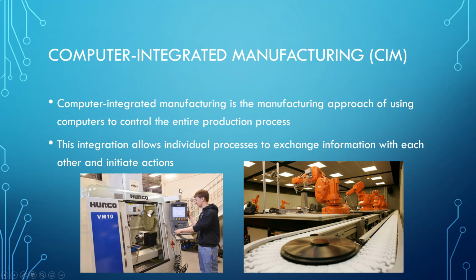Computer integrated manufacturing, or CIM, is an extension of flexible manufacturing systems. It extends process improvement all the way back to the engineering process and inventory control. It also went forward all the way to warehousing and shipping.